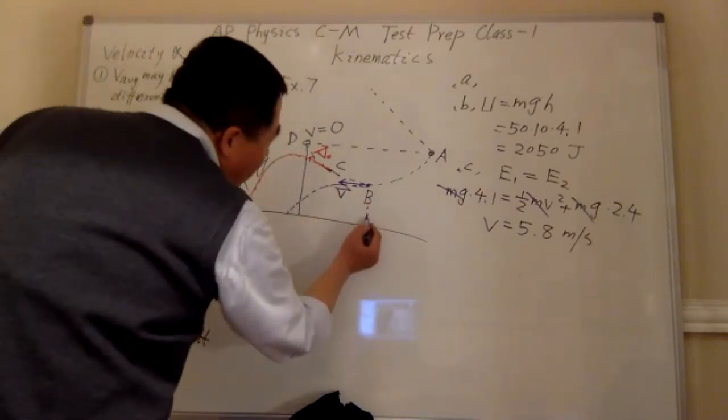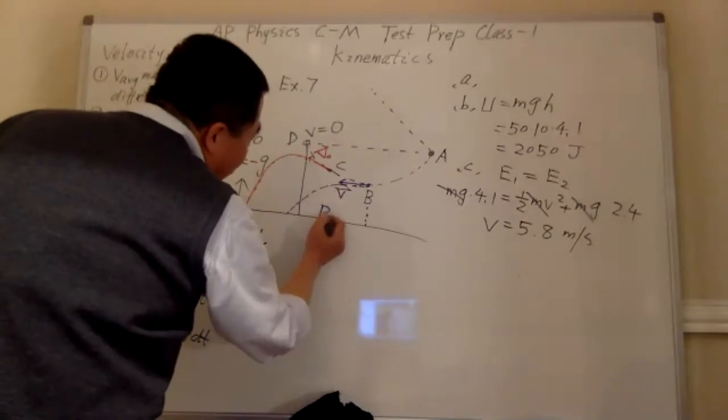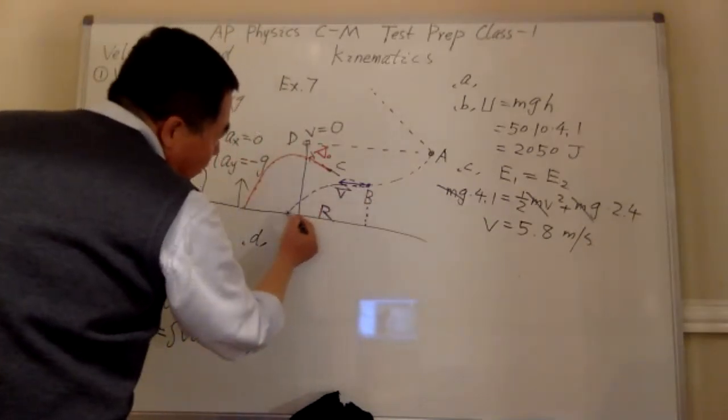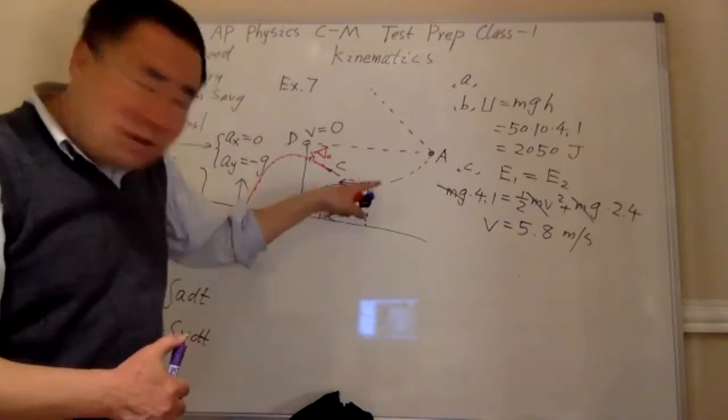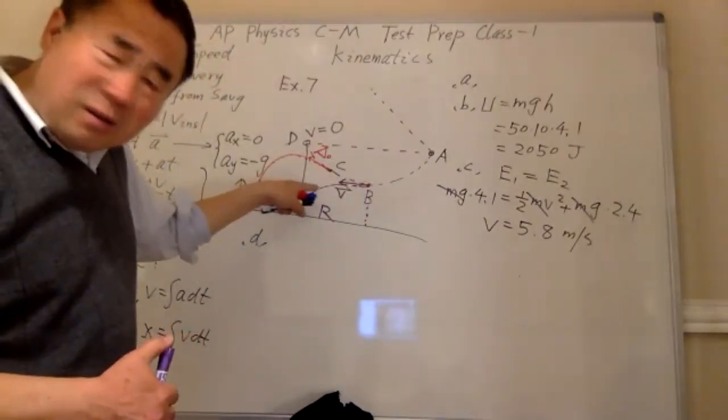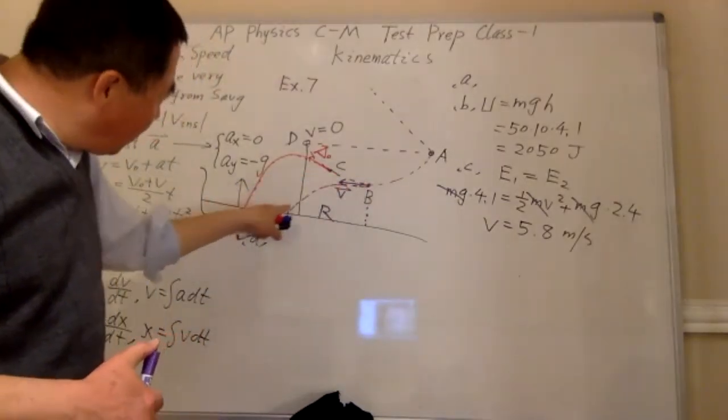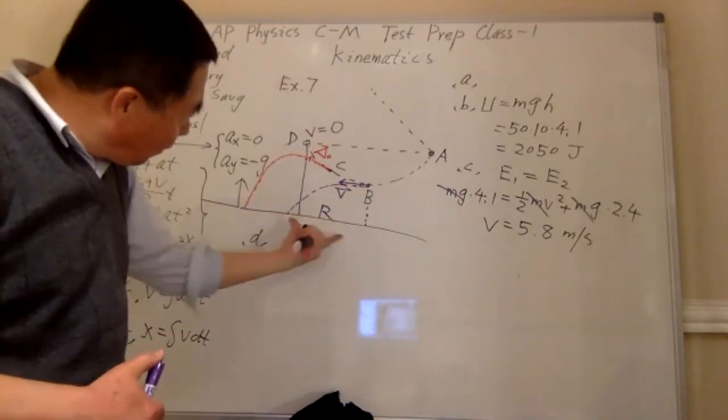So they want to calculate the range, which is here. Because you release at the point where the velocity is horizontal, they make this path. Then they want to calculate what R is.